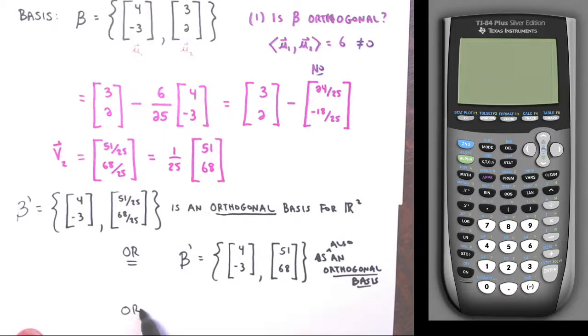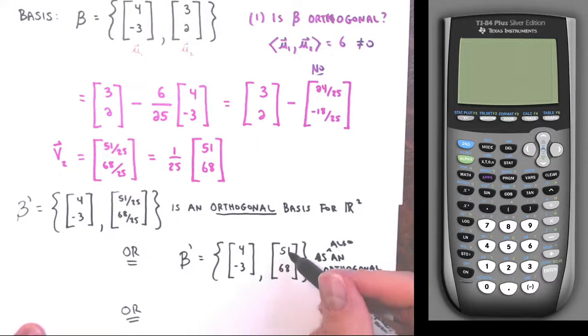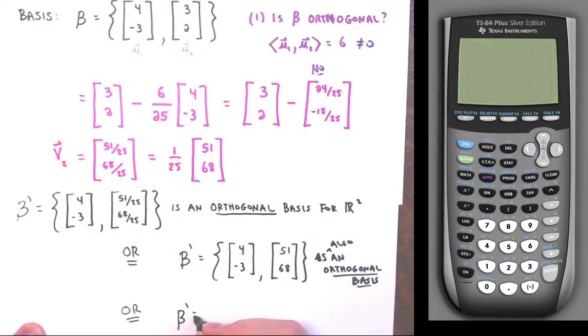So if I wanted to, again, if two vectors are orthogonal, you can multiply those vectors by any scalars you want, as long as you don't multiply by 0. I mean, 0 would still work, but then you wouldn't have an independent set. But I'll multiply this one by 1/17 now. I didn't see that earlier, but I'm seeing it now. I could say B prime equals 4, negative 3, and then 51 is 3 times 17, and 68 is 4 times 17. So if I multiply by 1/17, that'll be 3, 4. And this is also an orthogonal basis.